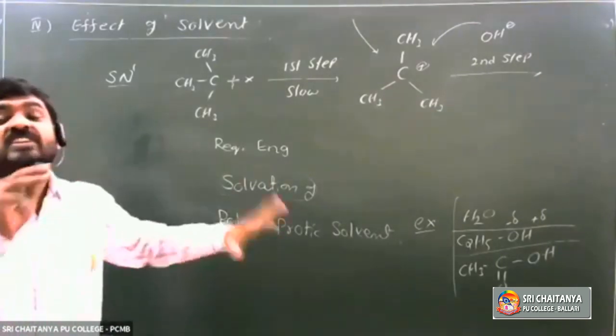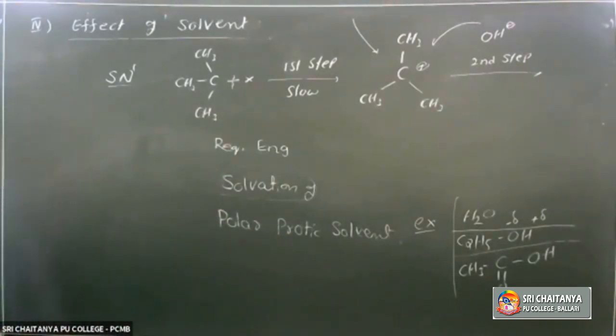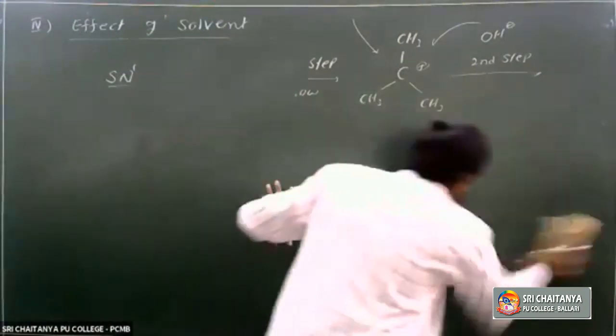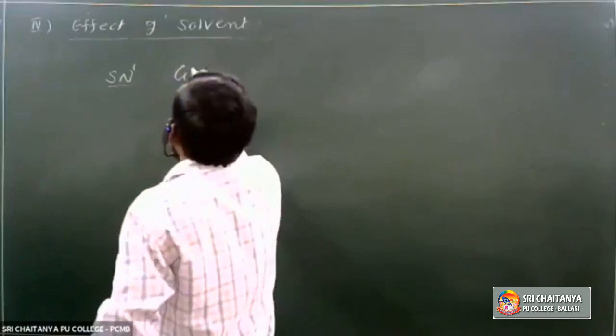A polar protic solvent is required. For an SN1 reaction, a good ionizing solvent is required.